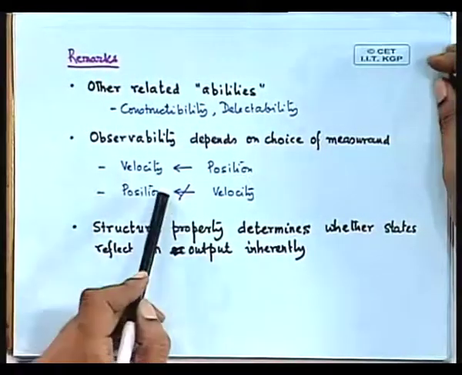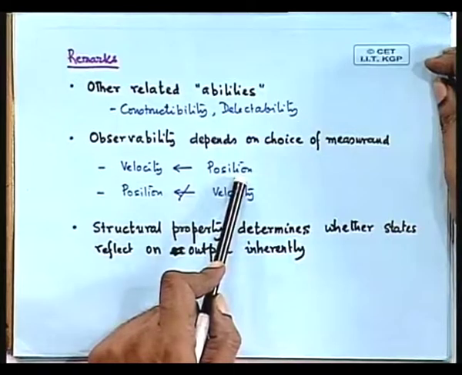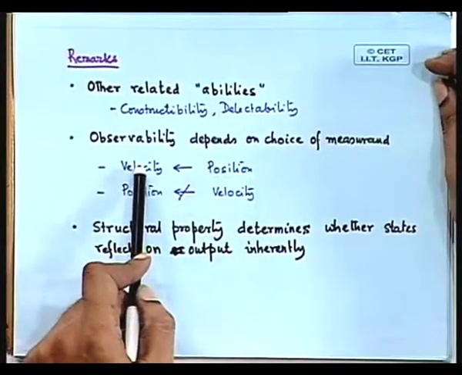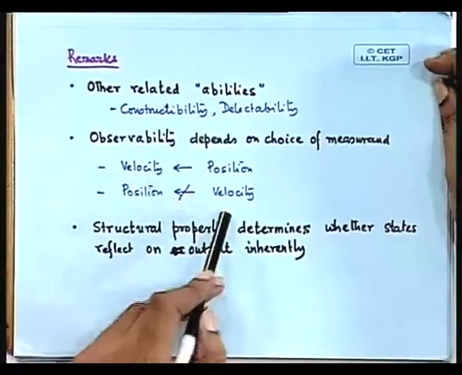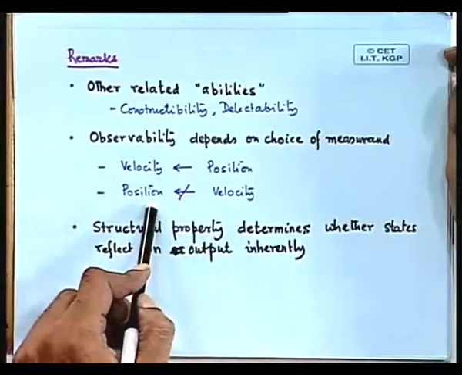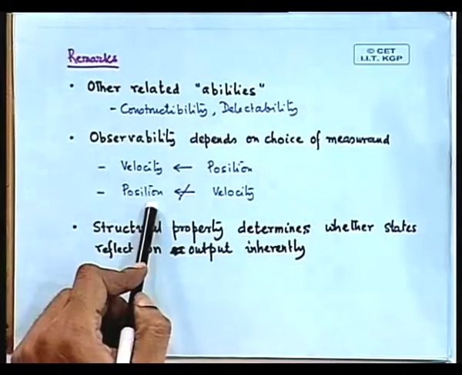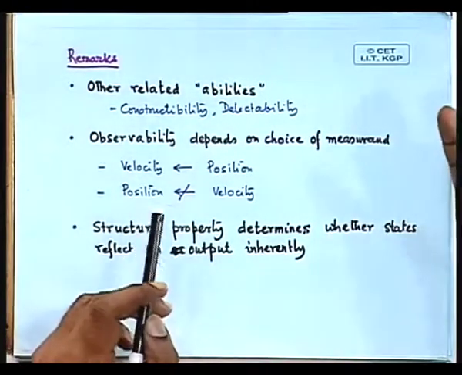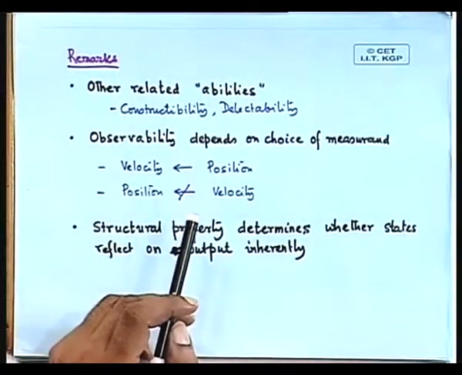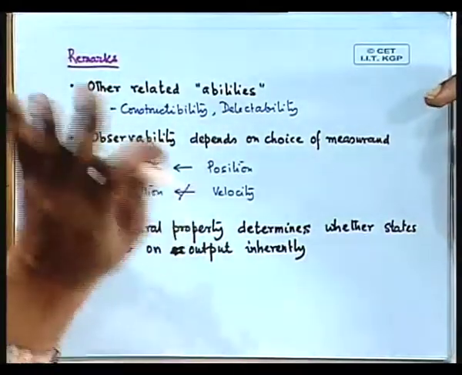A very simple example is that if you measure position, you can extract velocity from it, but if you measure velocity, you can never extract position from it because you won't know the initial position. So sensing velocity, you can never hope to get position, so that state can never be observed. For example, suppose you set up a model in which position and velocity are the two state variables.